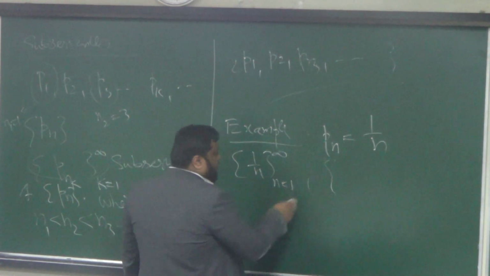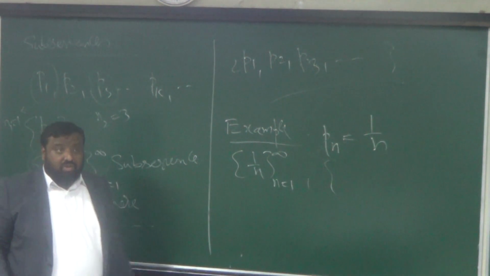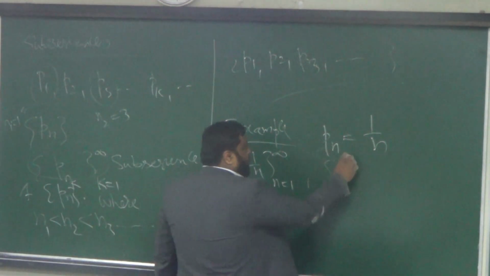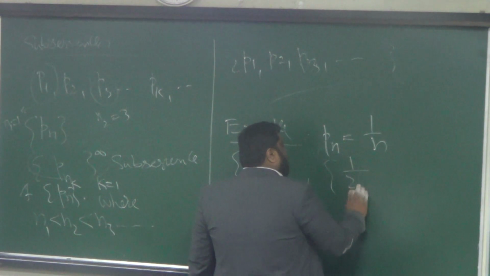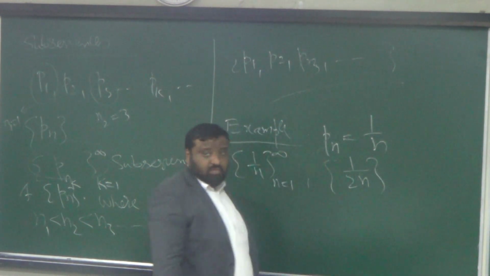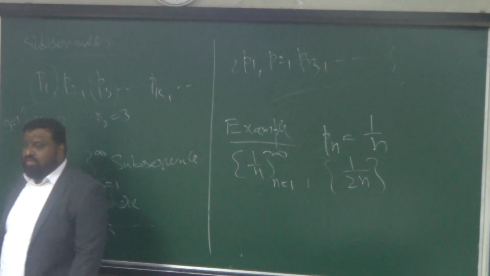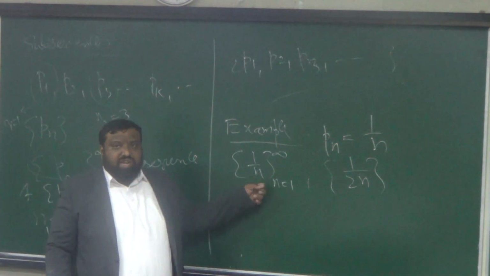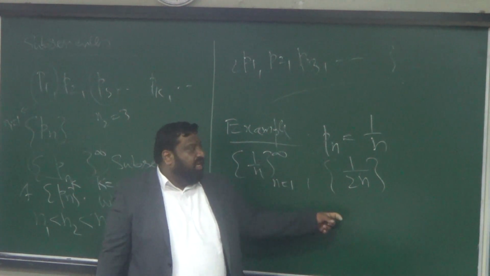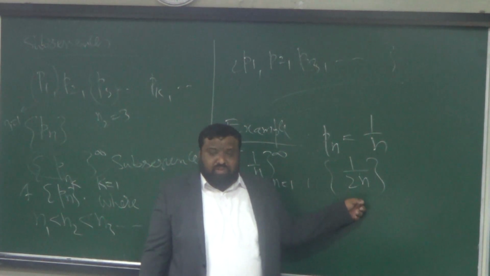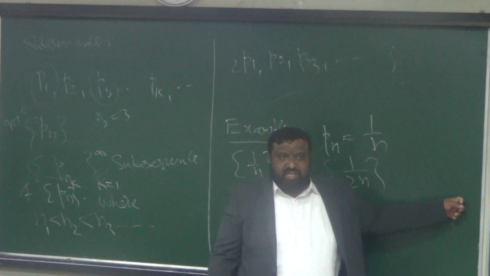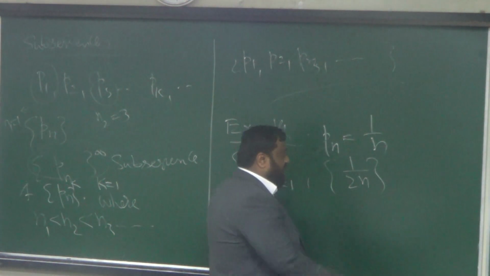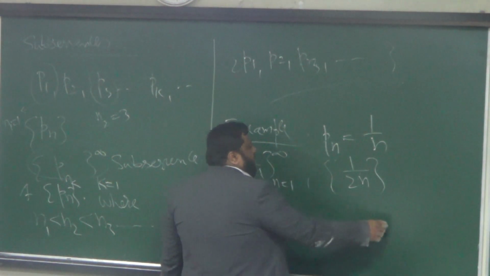Give me a subsequence of this. 1 over n_k equals 1 over 2k, so 1 over 2n. Do you think that is going to be a subsequence of this? It's 1/2, 1/3, 1/4, and from that I'm just taking 1/2, 1/4, 1/6, 1/8 and so on. So that's a subsequence.